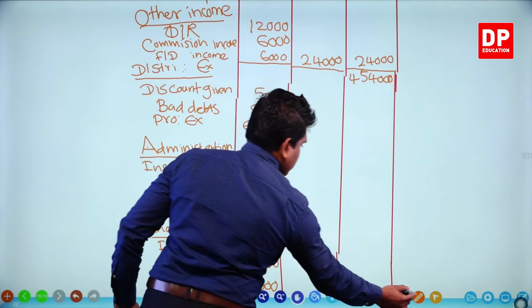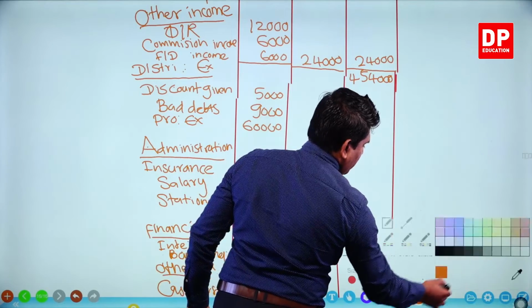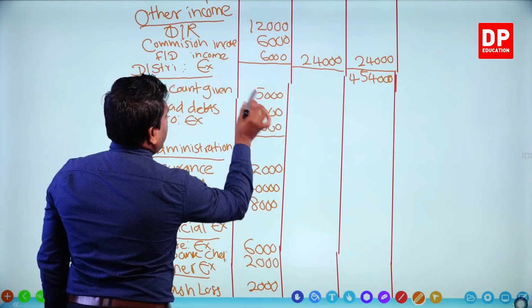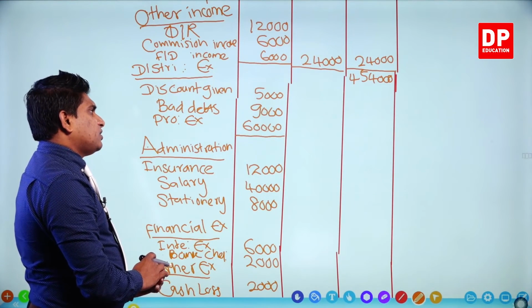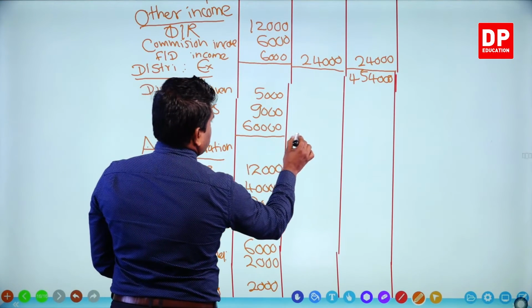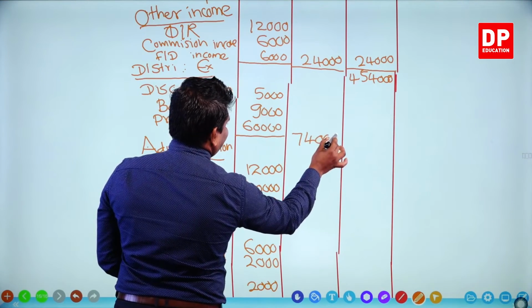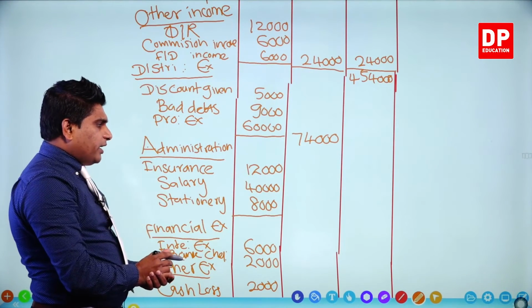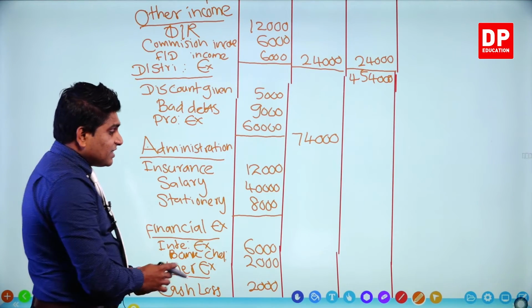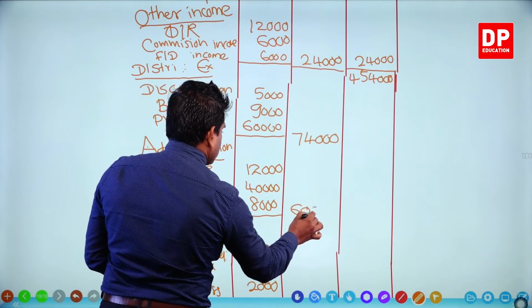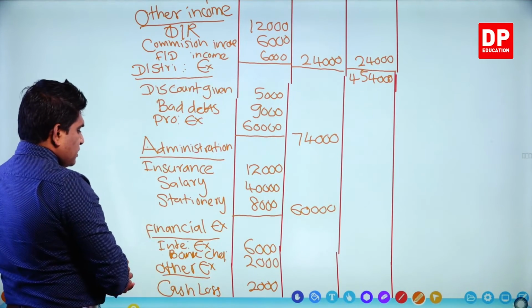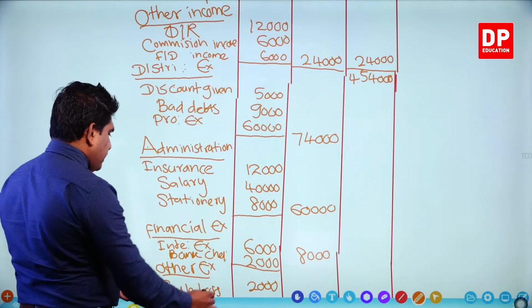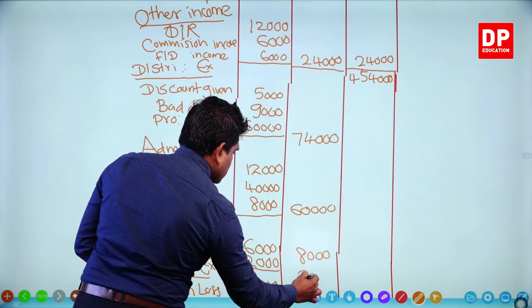First the distribution expense category: 69,000 plus 5,000, that is 74,000. Now 12 plus 8, 20,000 plus 40,000, that is 60,000. Then 6 plus 2,000, 8,000. Then finally 2,000.